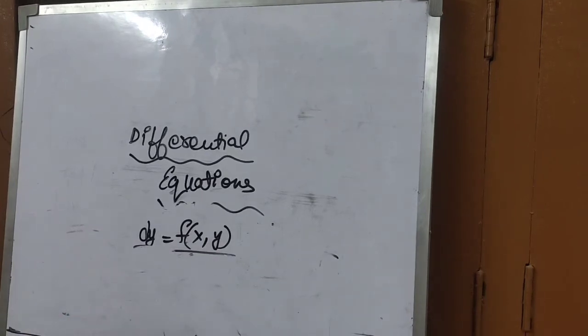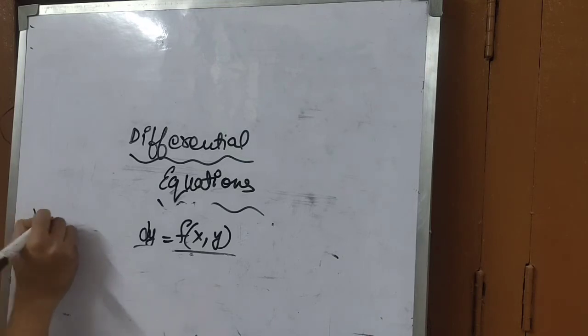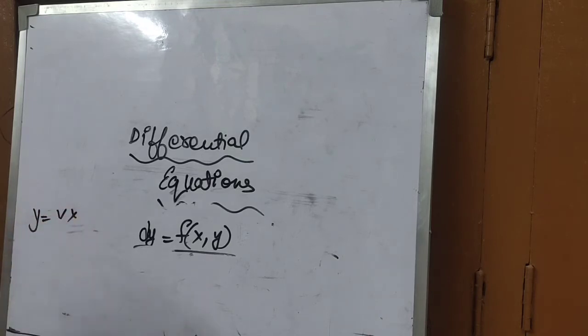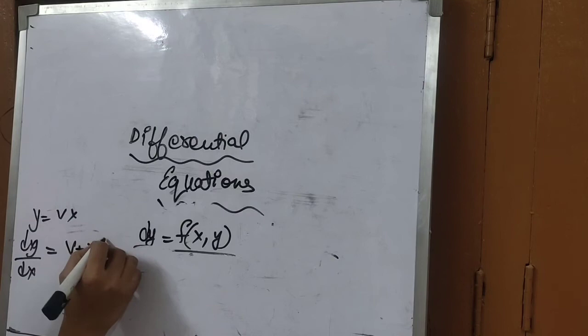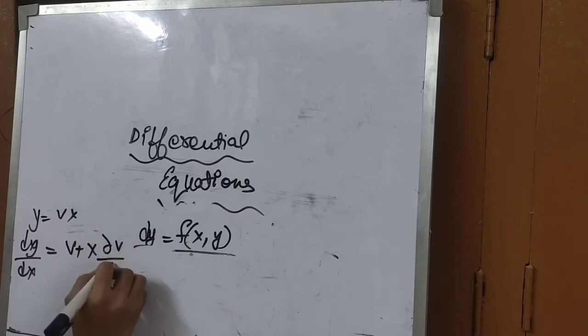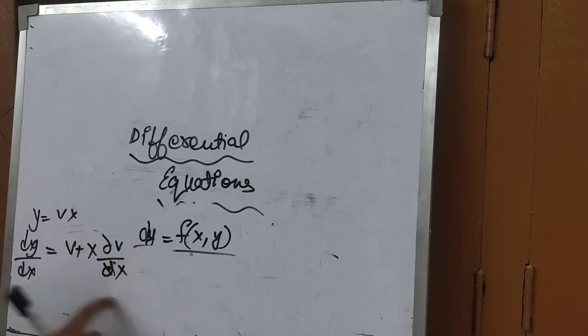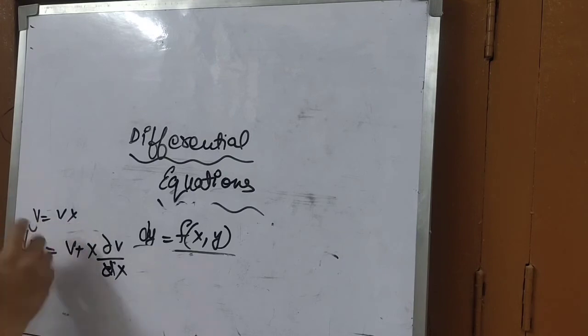Step 1 is to put y equal to vx, and then differentiate the function. You will receive dy by dx equal to v plus x into dv by dx. Okay, you will receive it when you differentiate it.